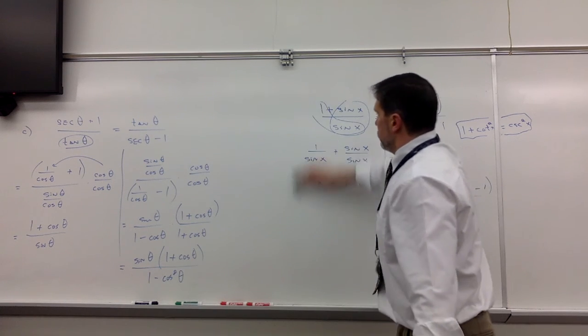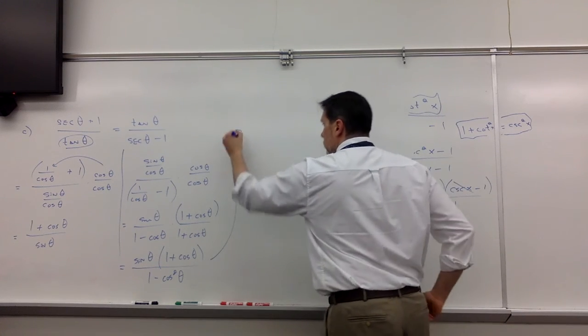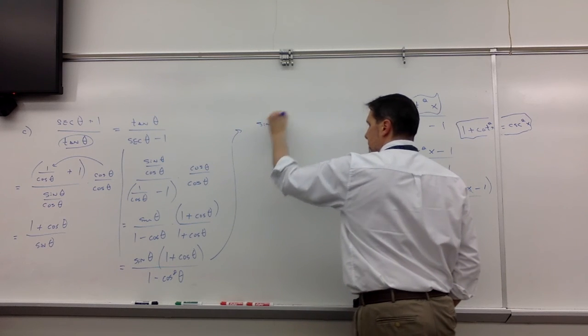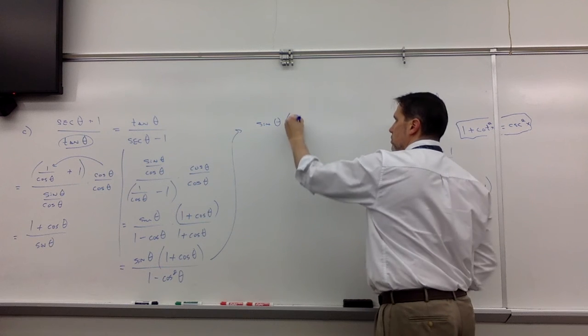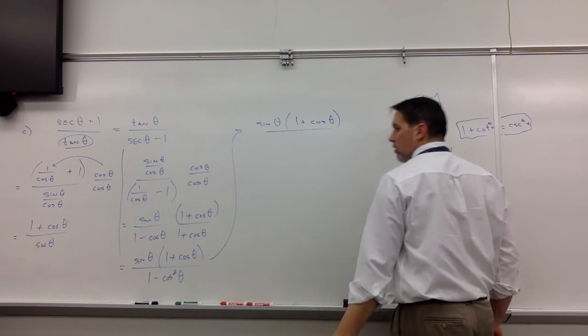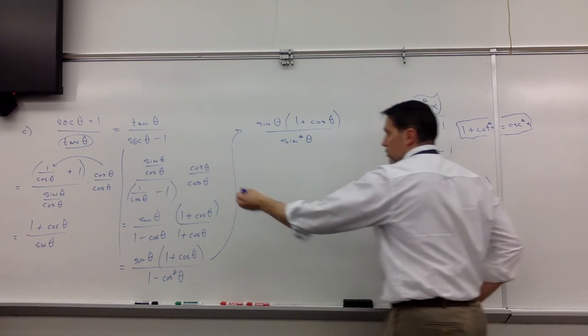All right, I am out of room. So I'm continuing with this one. We'll bring it up here. Sine of theta in the numerator. 1 plus cosine theta over, I'm going to call 1 minus cosine squared sine squared. And I do have to justify that.